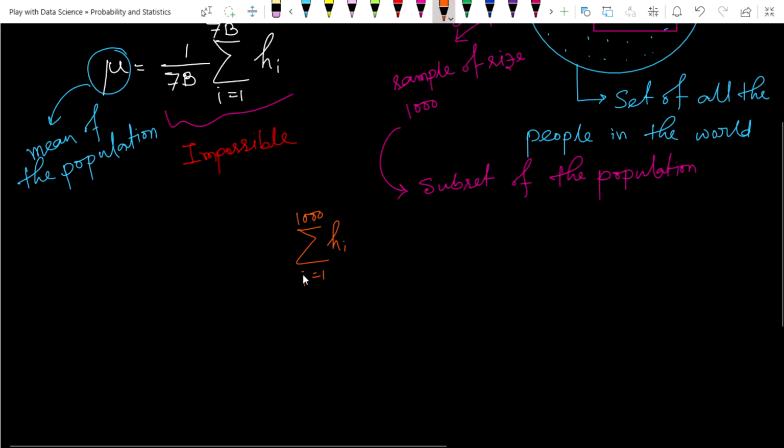To find the mean of the sample that is taken randomly from a population of 1000 people, we have to find the height of each of these 1000 individuals, and then find the mean by dividing by 1000. This mean is called h-test. These h-tests are called the mean of a sample.